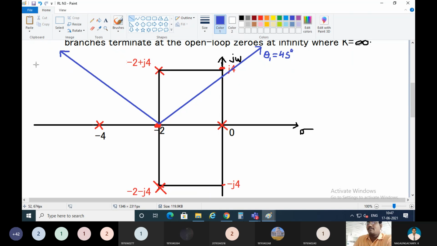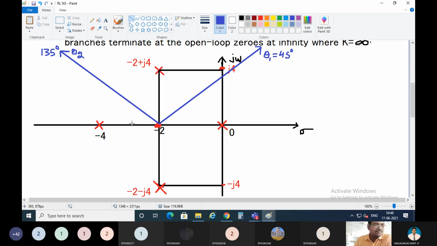This is another angle of asymptote, theta 2. So 135 degrees, theta 2. Next.